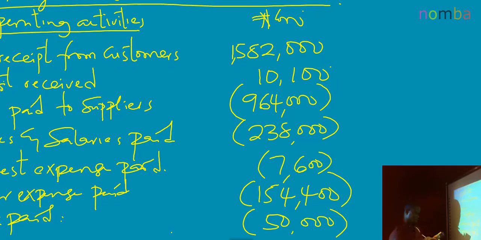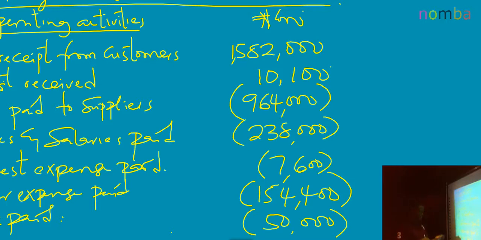So I will have 1,582,000 plus 10,100 minus 964,000 minus 238,000 minus 7,600 minus 154,400 minus 50,000.